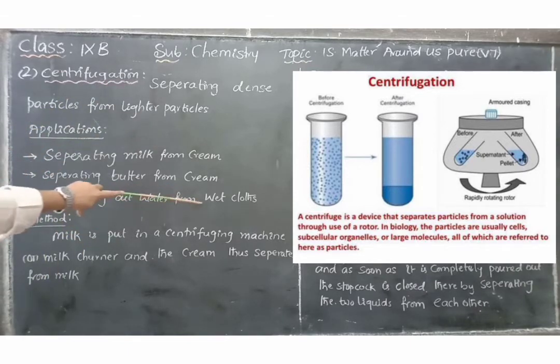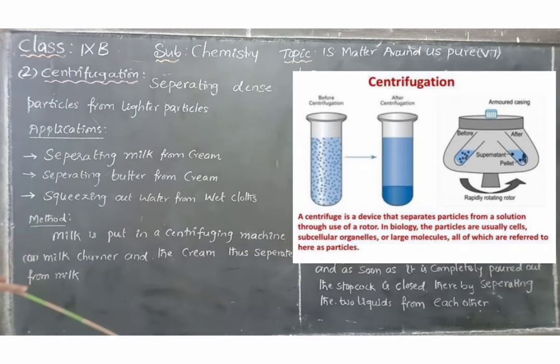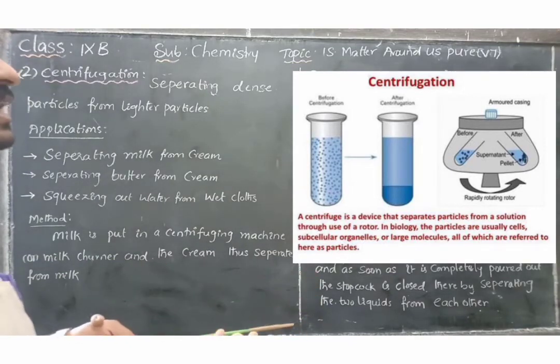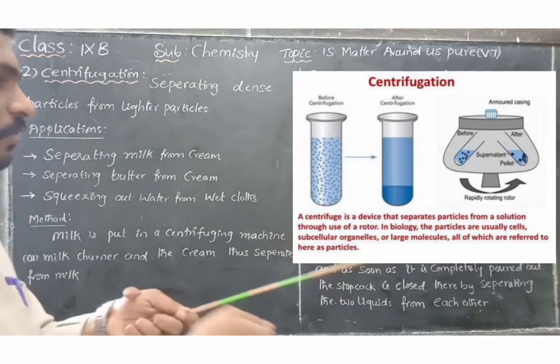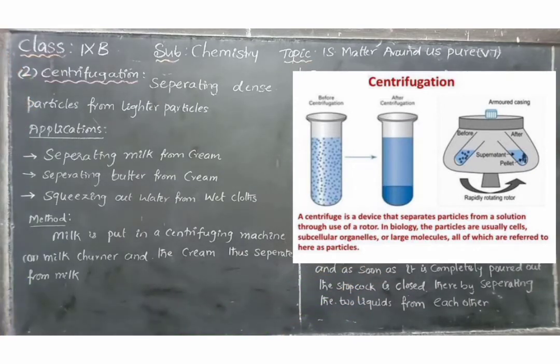Squeezing out water from a wet cloth is another application. If you squeeze the wet cloth, the dense particles come out. Even there, the technique is centrifugation. Next, what is the method? Here, milk is put in a centrifuging machine or milk churner, and the dense particles come out.